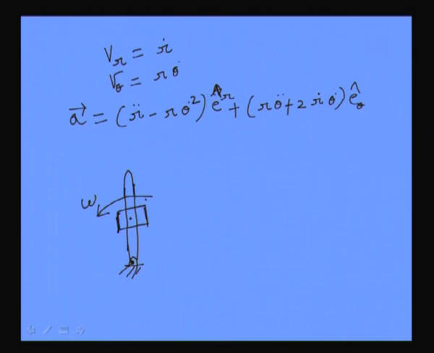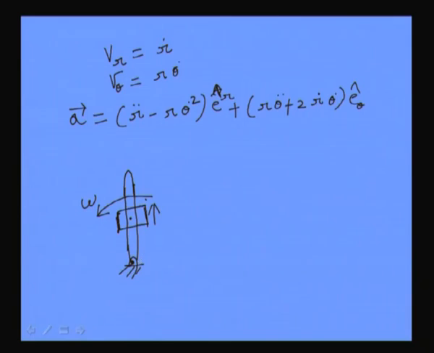This block is sliding on the link, that means it is going up, and the link is rotating in the counterclockwise direction. You may assume that in the beginning the link was somewhere here and the block may be at some position r. After that the block moves on the link, and at the same time its angular position is the same as the angular position of the link.